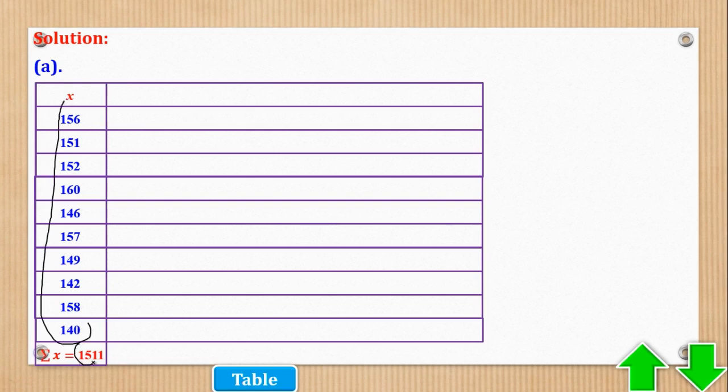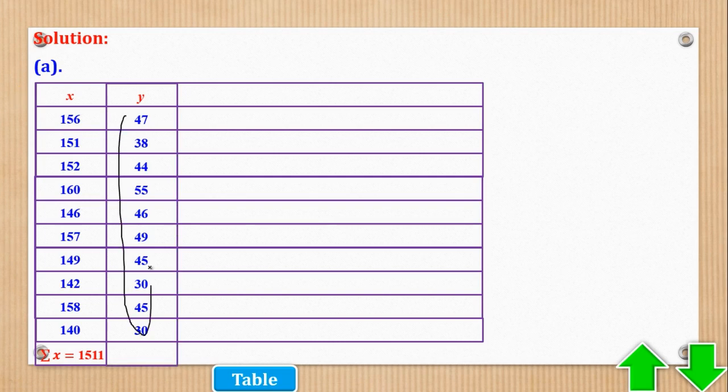We put the total because they told us to draw a line of best fit. If they didn't tell us to draw the line of best fit, then there's no need to get this total. But now that they told us to draw it, we need that total. It will help us somewhere. Then for y, we put the values for the ages. Then you also get the total of all these values and put it here.